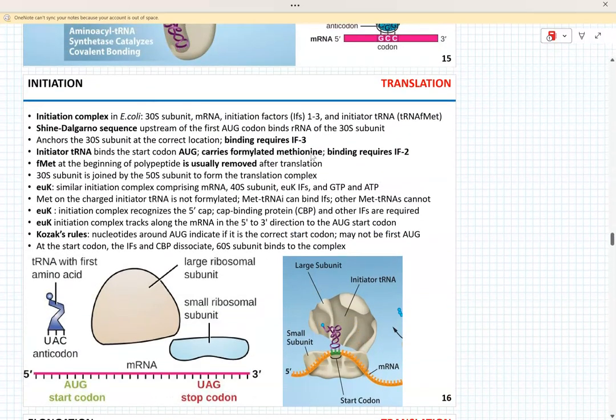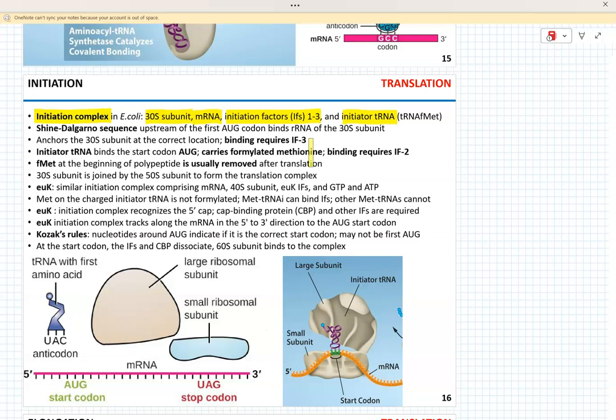What is happening during the initiation of translation in both pro- and eukaryotes? In E. coli, the initiation complex consists of the 30S subunit, mRNA, and initiation factors, as well as initiator tRNA.